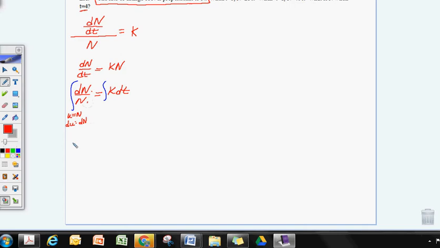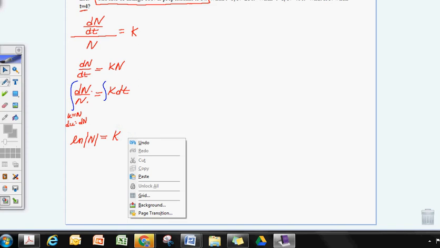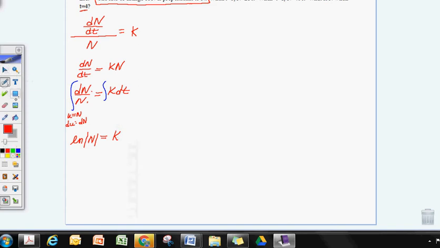So since it is du over u, I'm going to have the natural log of N equal to kt, because the k value is a constant and then I power that up, so there's got to be a t there, and then this is going to be plus C.